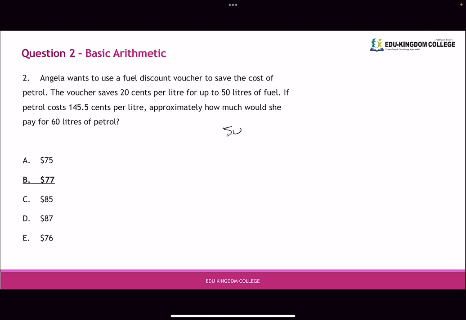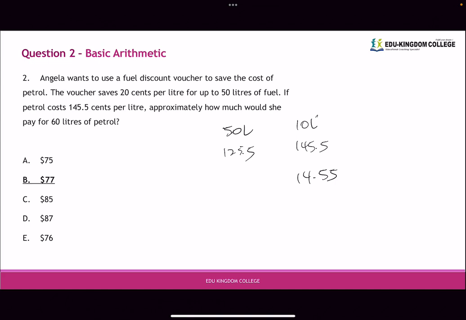Now, we have a question where there's a person, Angela, who has a discount voucher for fuel. The first 50 liters is going to be 125.5 because it's 20 cents off. The last 10 liters is going to be the regular 145.5. So if we try to find how much the 10 liters was, it's going to be 14.55, and for the 50 liters, let's do times 100 divided by 2, because we want to really use these mental tricks to be able to solve things faster.